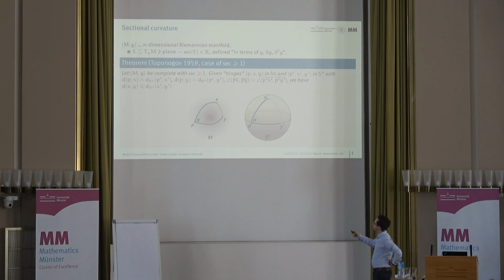So here we are in a situation of a positive definite lower bound by a positive constant. You could also consider the situation where you have a positive sectional curvature, but not necessarily bounded below by a positive constant. It could, for instance, be a non-compact space where the curvature tends to 0 at infinity.